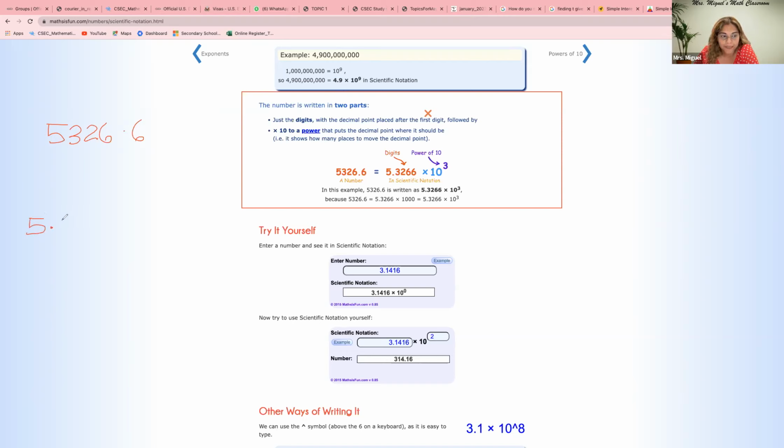We multiply this by 10 to some power, and the power is where we had the decimal point in the first place. At first it was between the 2 and 6. So if we move it 1, 2, 3 spaces, this becomes 10 to the power of 3.